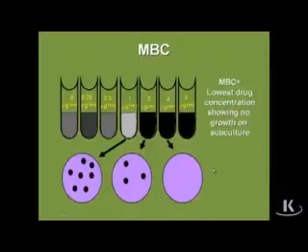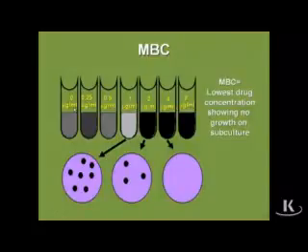The minimum bactericidal concentration is the concentration of drug needed to completely kill the bacteria. Again, you want to use the lowest concentration of drugs available to completely kill the bacteria.